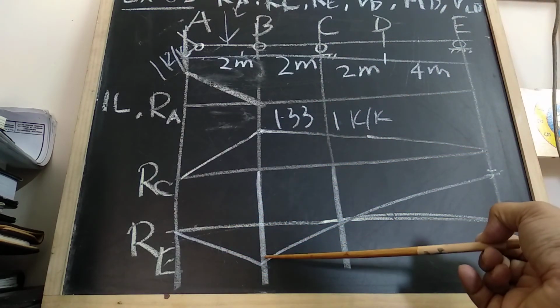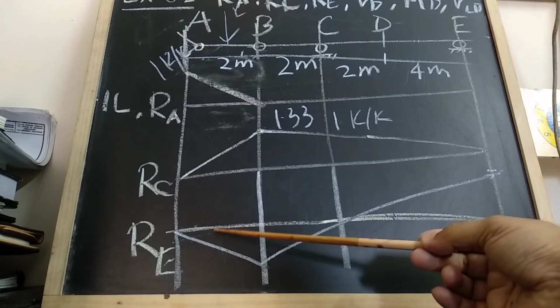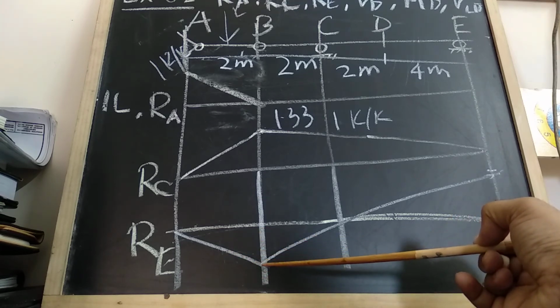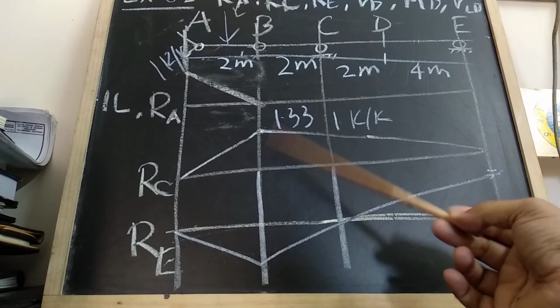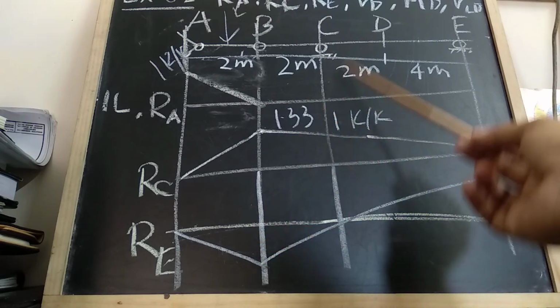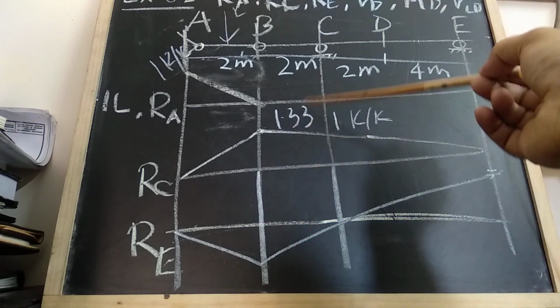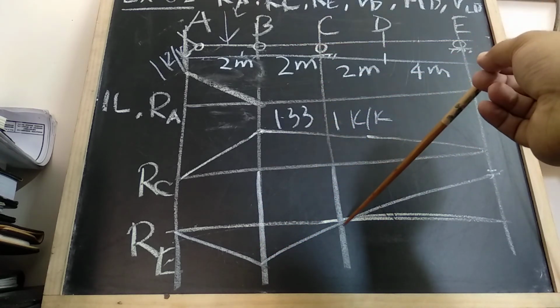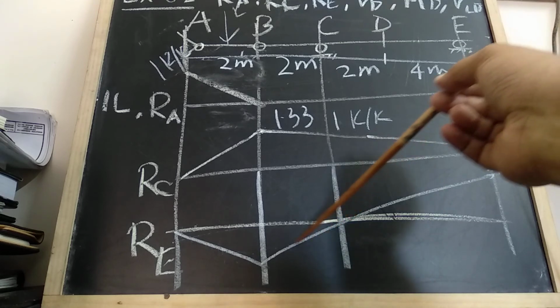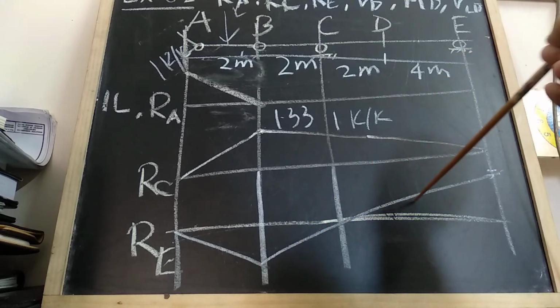When it comes to B, up to B, it's decreasing. After B, the one kip load lands on the same beam BCE, then it's going to increase, and when it comes to C, it's 0. It's like a cantilever beam, and it just keeps increasing.